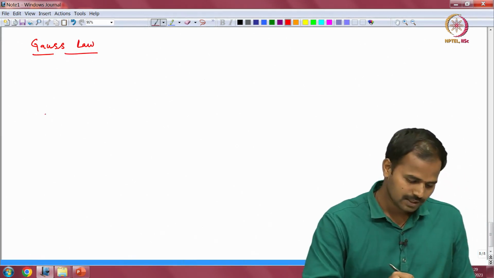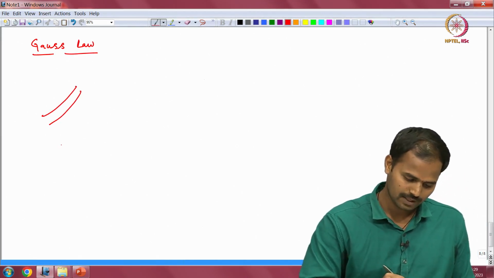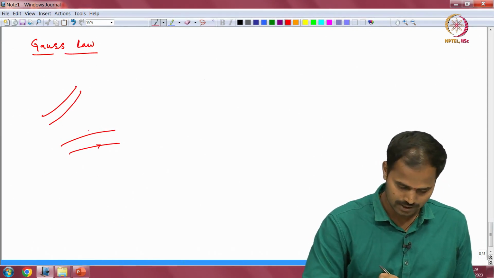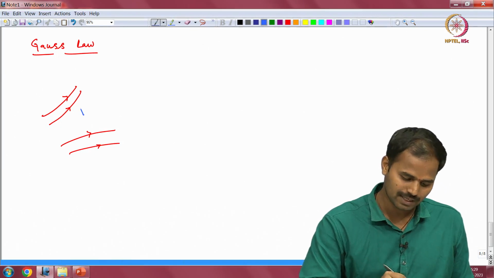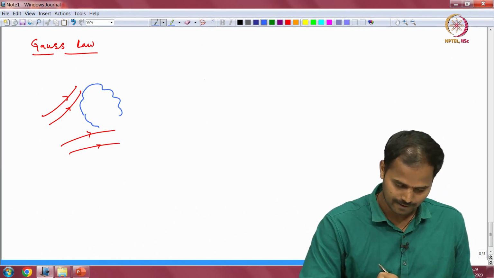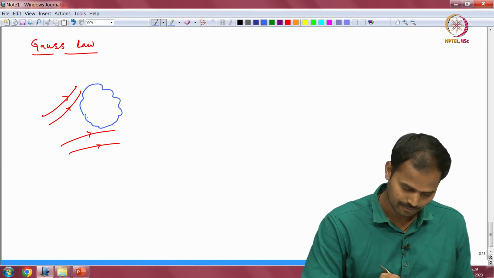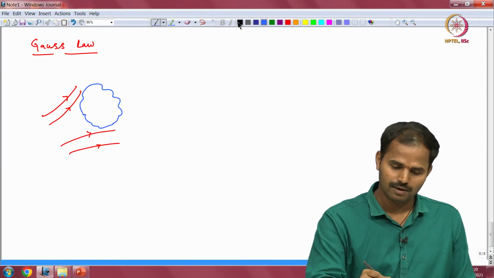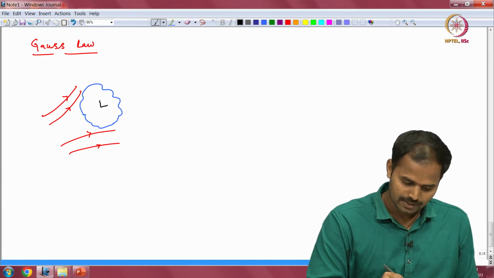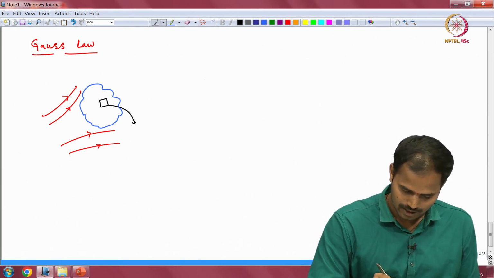Okay. Let us consider the electric flux lines are flowing in this manner, and consider an arbitrary surface in this fashion, an arbitrary surface or any closed surface. In that, consider a small element dA.